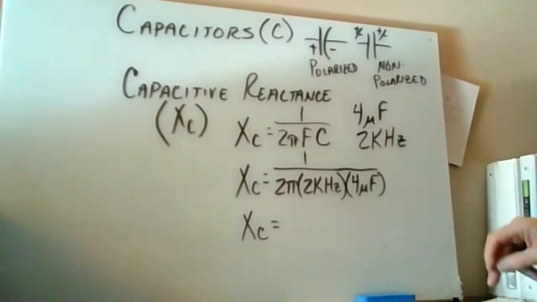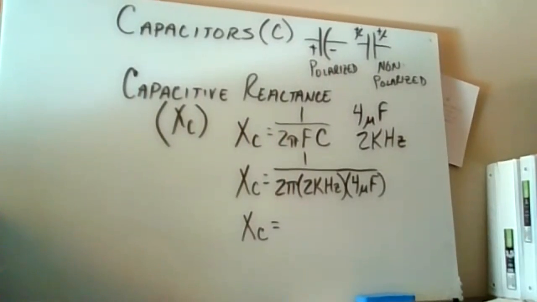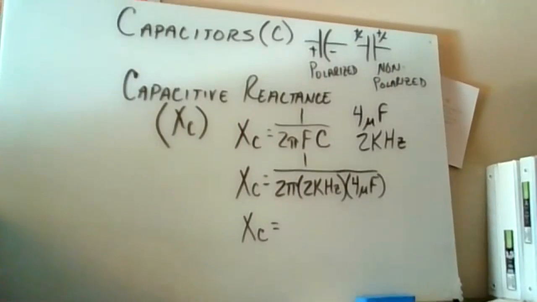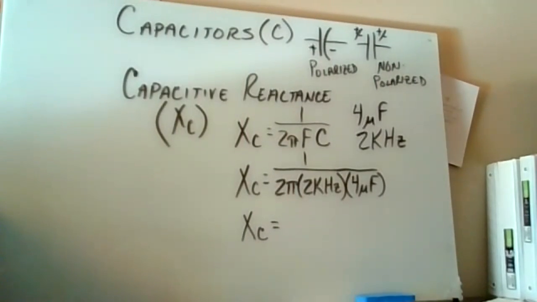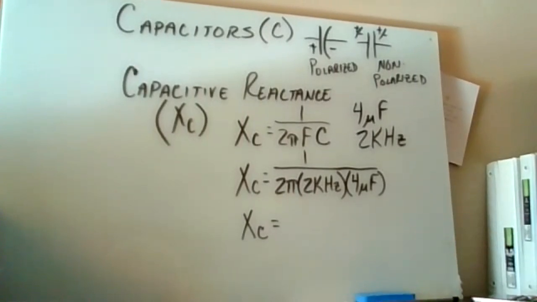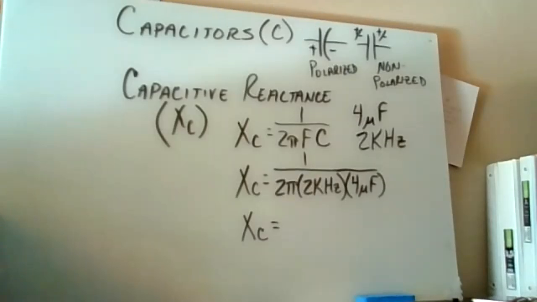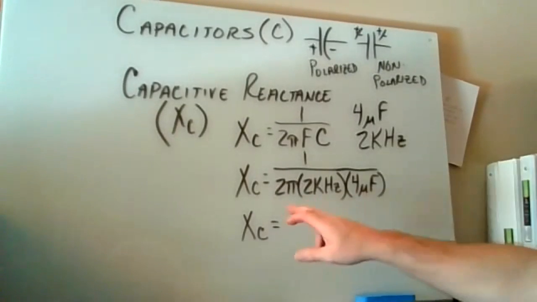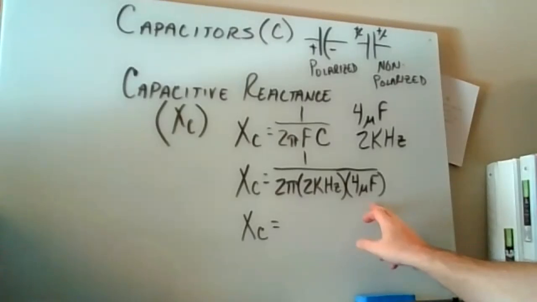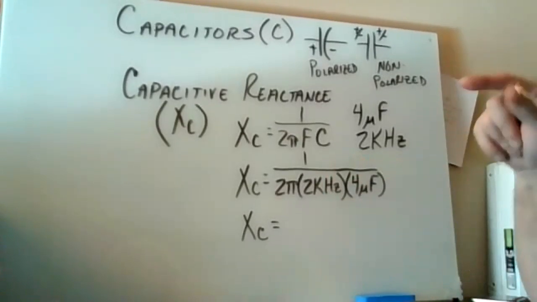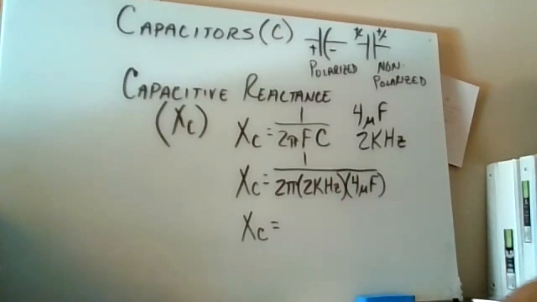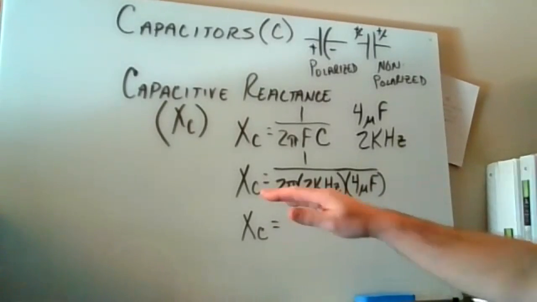So somebody punch that in their calculator and tell me what you get for the capacitive reactance of that capacitor at a frequency of 2 kilohertz. Remember, the easy way is just multiply these all together, hit equals, then hit shift reciprocal and equals again. That way you don't have to do 1 divided by all this.